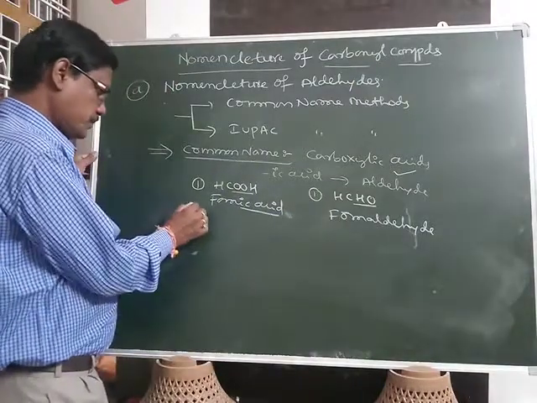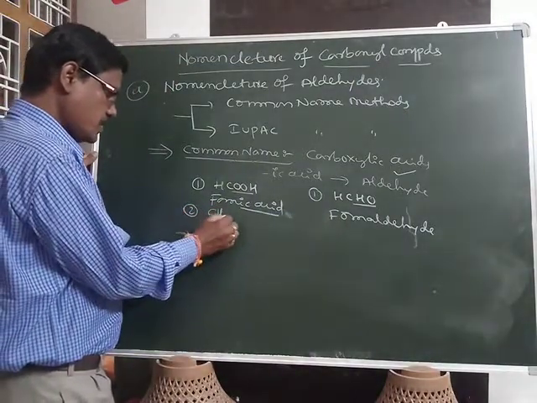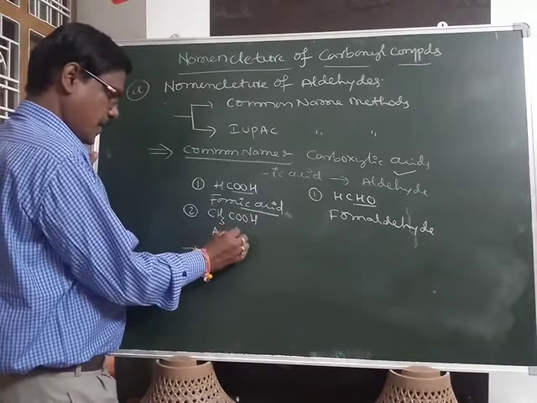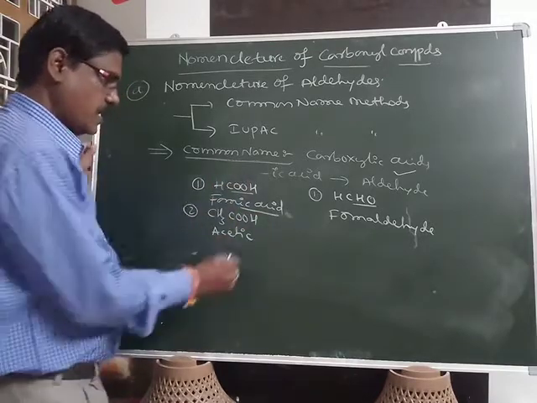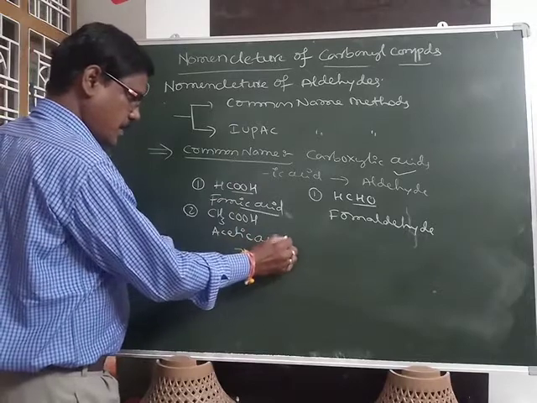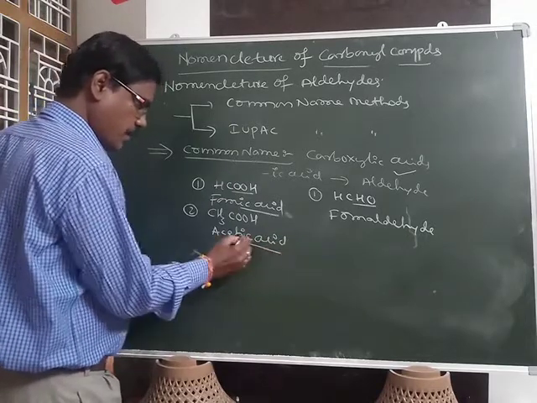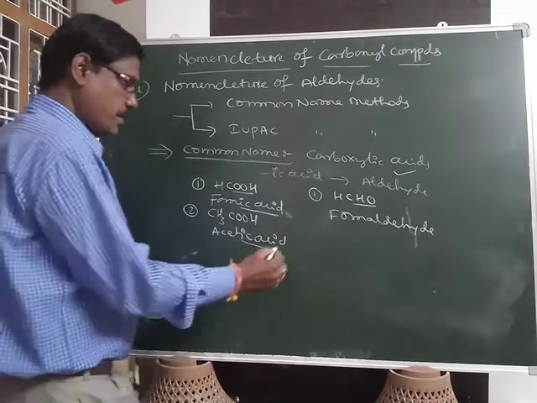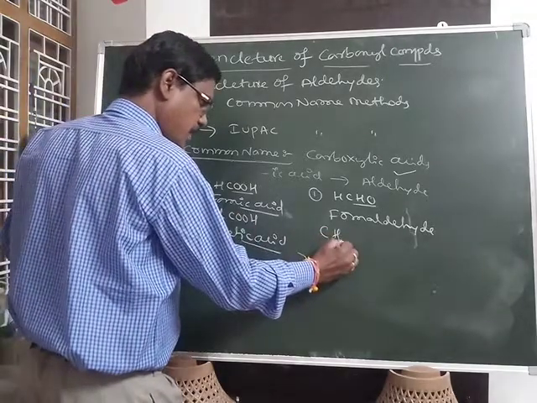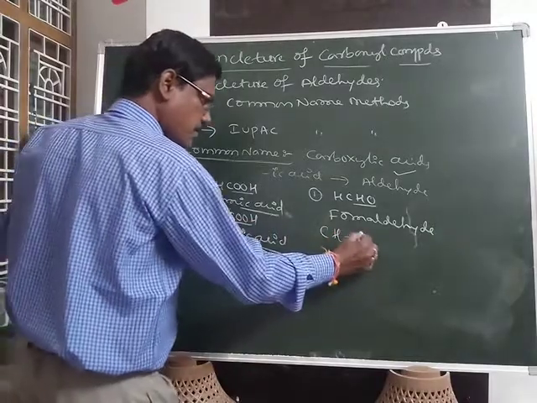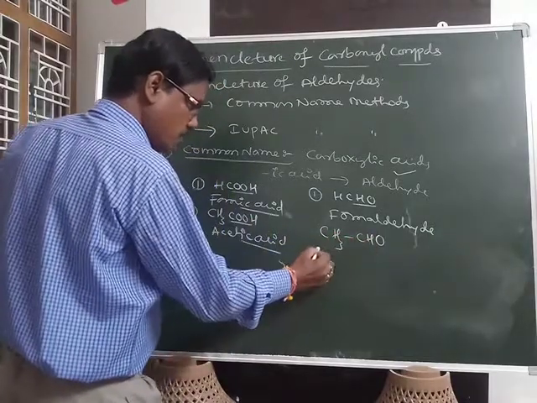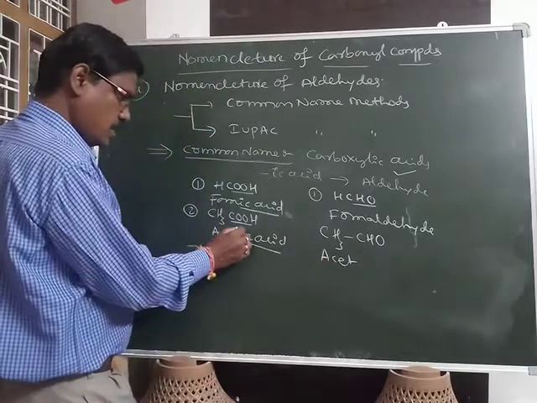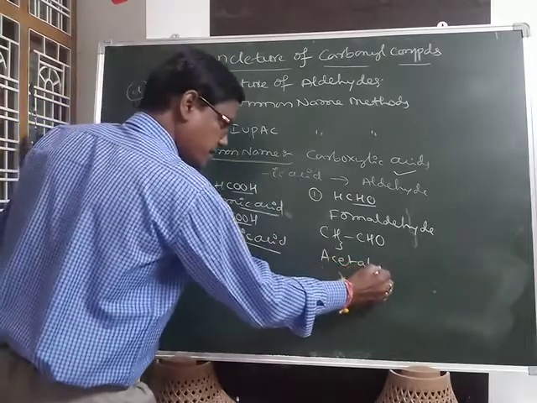Second example, CH3COOH, known as acetic acid. Here ic acid is replaced by aldehyde and the COOH group is replaced by the CHO group. That's why it's called acetaldehyde.